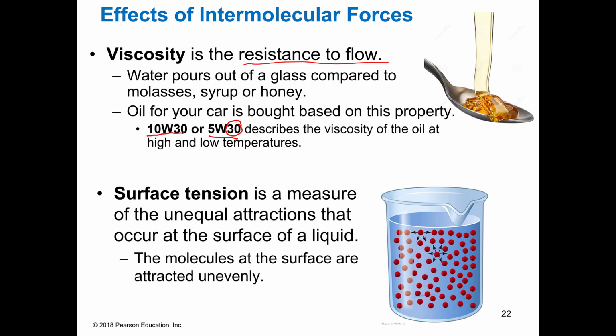Surface tension is something that we see with water a lot. This is the unequal attractions that occur at the surface of a liquid. At the surface of the liquid, you have these attractions between your plus and your minuses, and some of them will have the negative end sticking up, and some of them will have the positive end sticking up, and so that makes an uneven attraction on that surface.